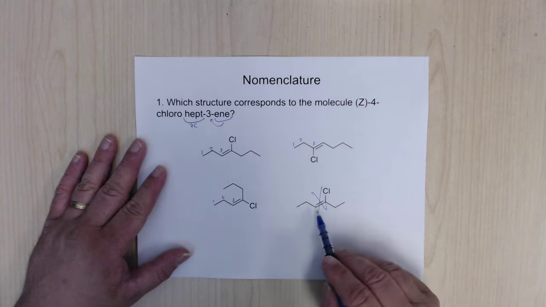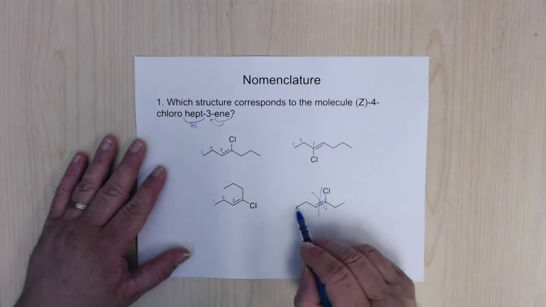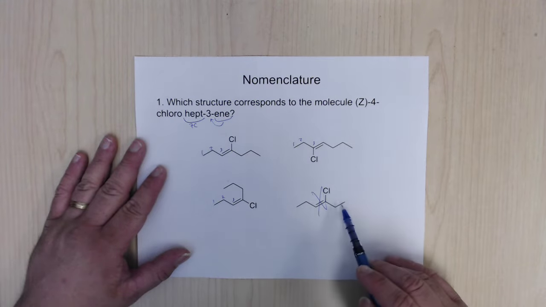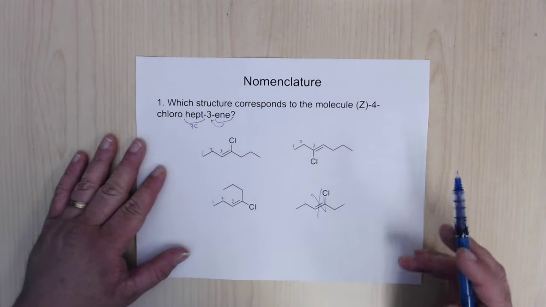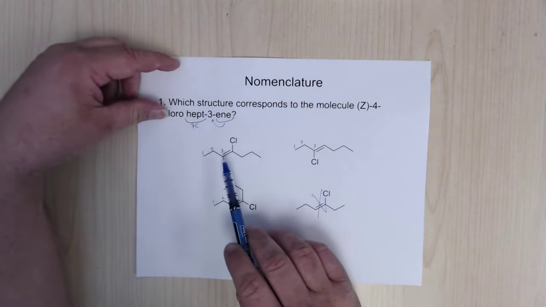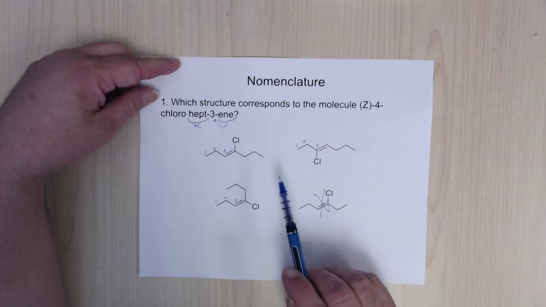Actually, it doesn't really matter, because it'd be 1, 2, 3 versus 1, 2, 3. But remember, sometimes it's the end closest to the double bond that is going to be carbon number 1. All of them have the double bond starting at carbon 3, so we're good on that one.